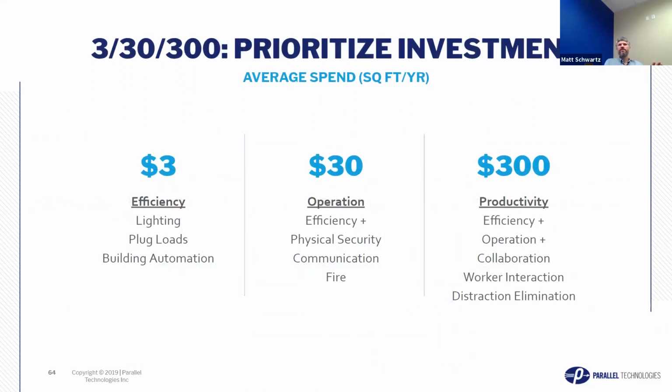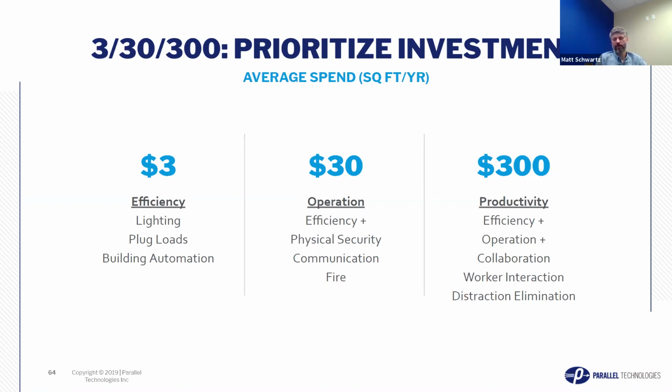Ben threw up this slide earlier in the set, and I just want to roll back to it a little bit. If we're talking about spending money on infrastructure inside the building, you need to take a look at where you can most effectively make use of those dollars. Obviously, the holy grail is to get over to the 300 and the productivity of the people inside the building. But where we as a contractor play mostly is in the 3 and the 30.